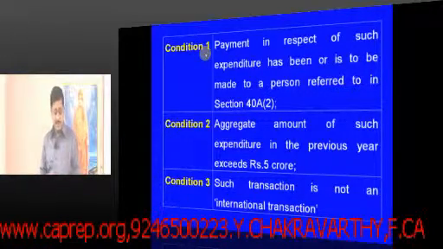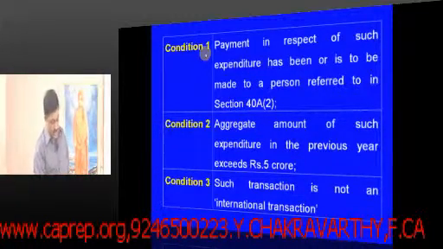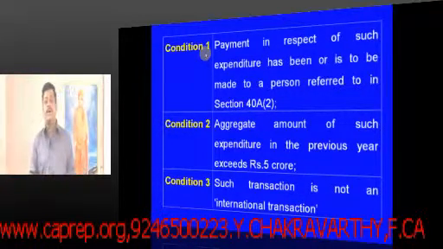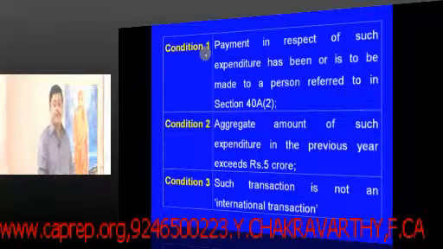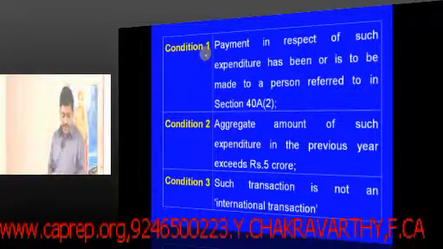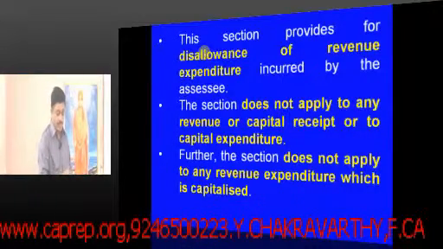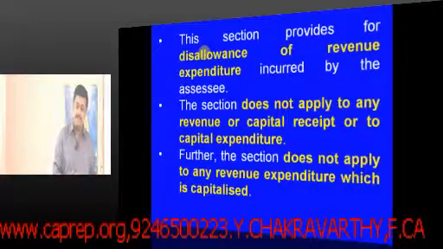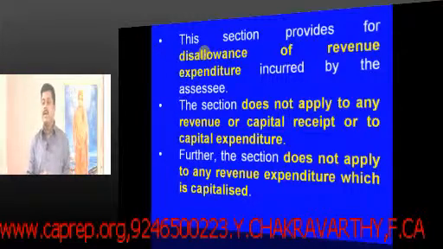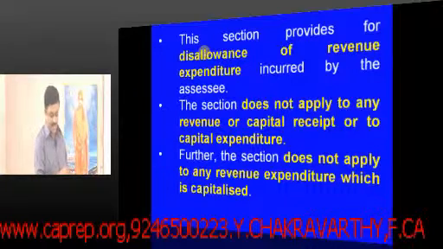Next, section 92BA provides for disallowance of revenue expenditure incurred by the SSE.